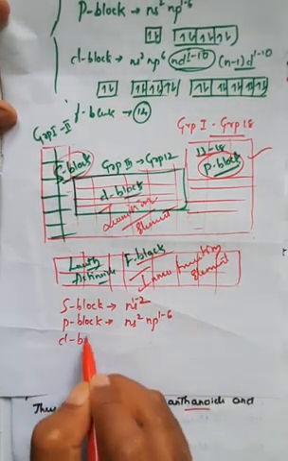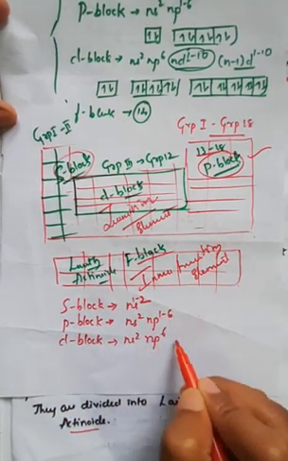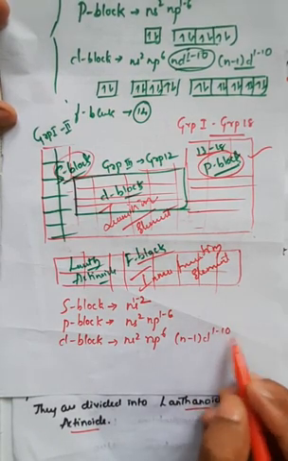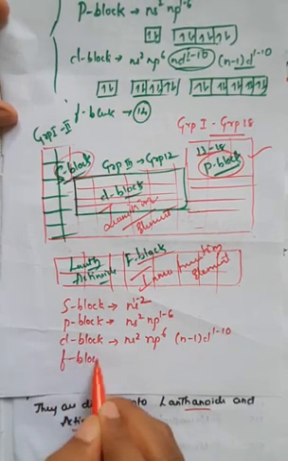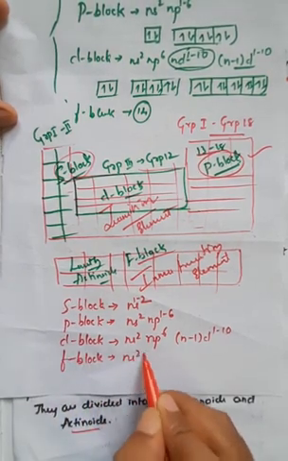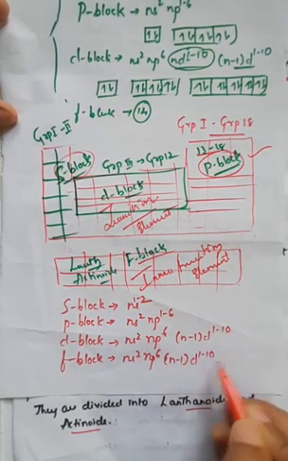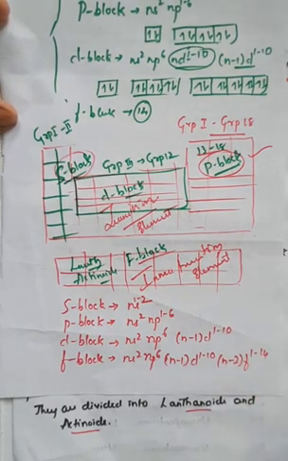For D block, the electronic configuration becomes ns2 np6 (n-1)d 1 to 10, minimum 1, maximum it can hold 10 electrons. Similarly for F block, you must write ns2 np6 (n-1)d 1 to 10 and (n-2)f 1 to 14. So maximum it can hold 14 electrons.